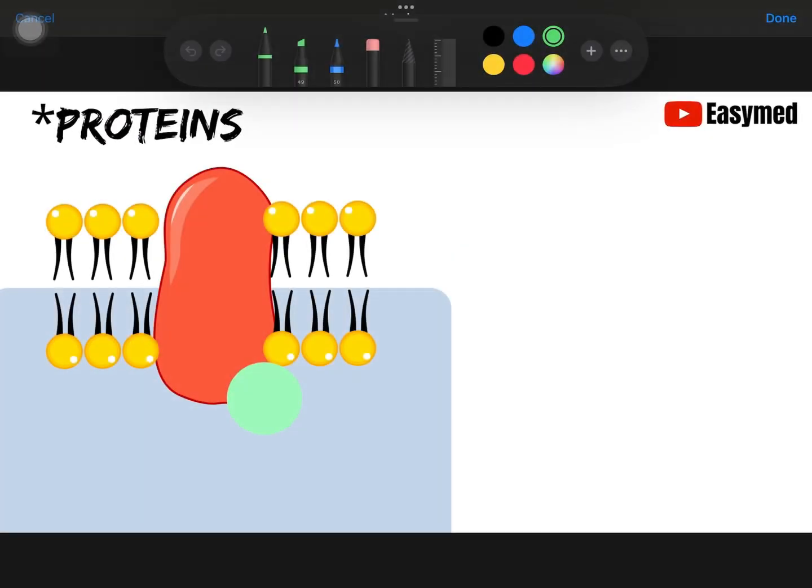And the major component of the cell membrane is protein. There are two types of protein. One is intrinsic protein and second one is extrinsic protein.